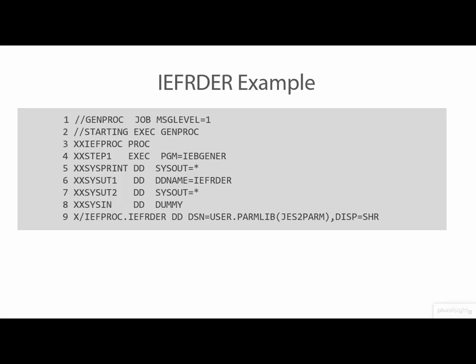So this IEFRDER represents a very special case of things that you can do to override JCL when you're using a start command. It is limited to only using the IEFRDER statement, as well as requiring that the proc be called IEFPROC. So normally you will see this for procs that only have one step in them.